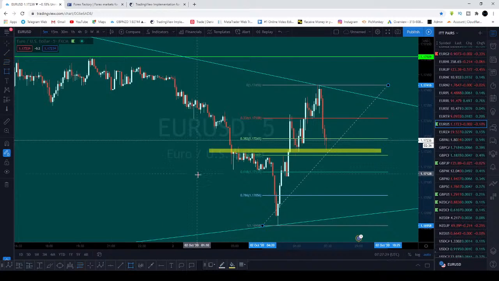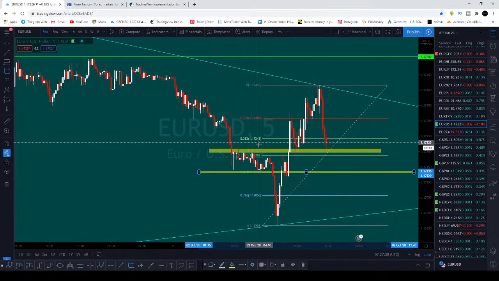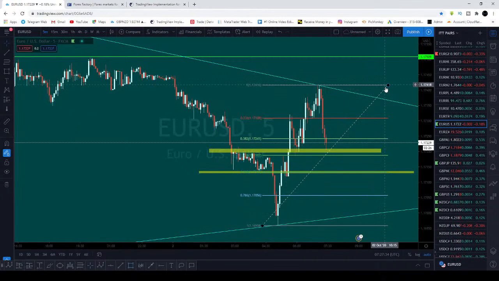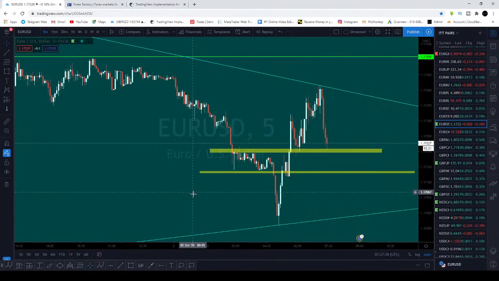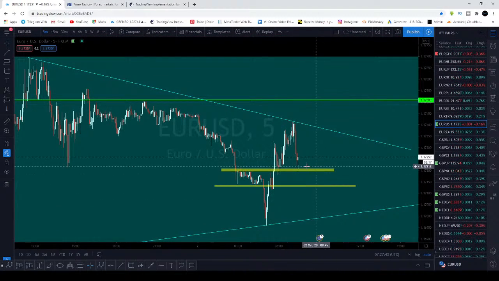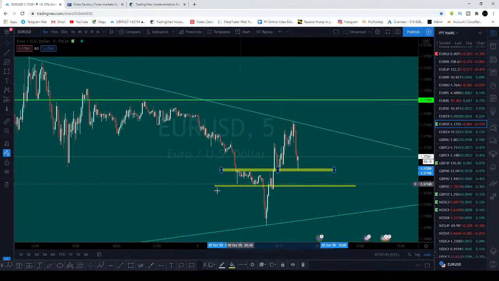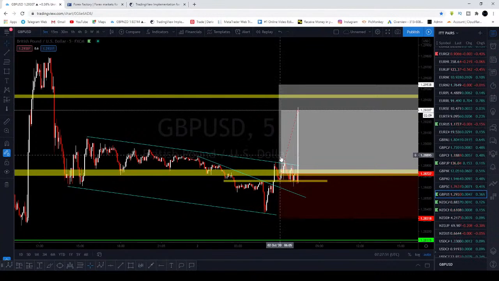Cool. Since it broke out of the 38%, no need for me to plot that again. So USD might buy from this point up, right? Because that's my 50% Fibonacci retracement. But I'm not interested in that.